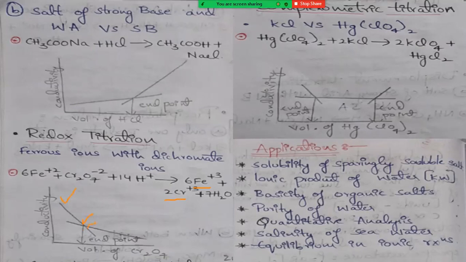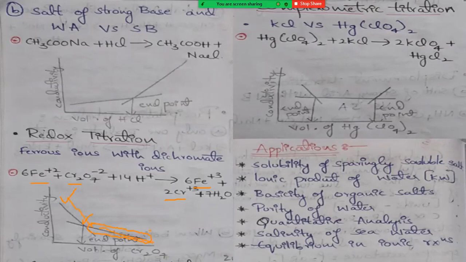If you decrease these H plus ions, that means if you reach the basic medium, then the reactivity of these products decreases. That's why here it decreases very sharply, but at this point there is no product formation.